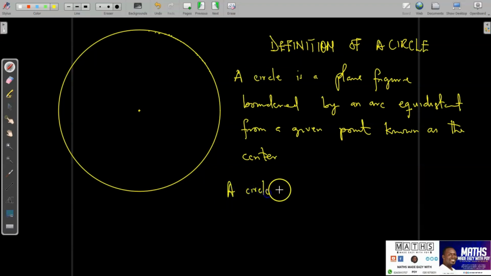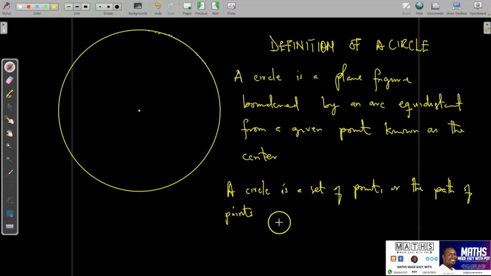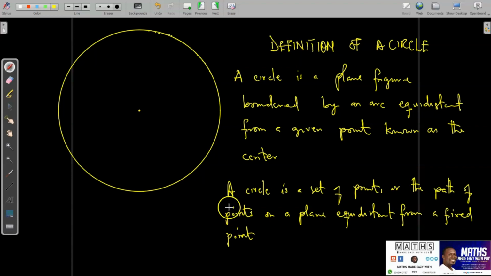A circle is a set of points, or the path of points, on a plane, equidistant from a fixed point known as the center.